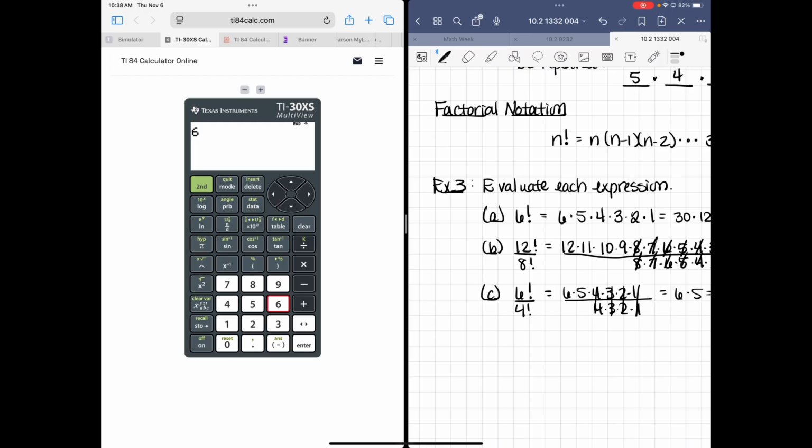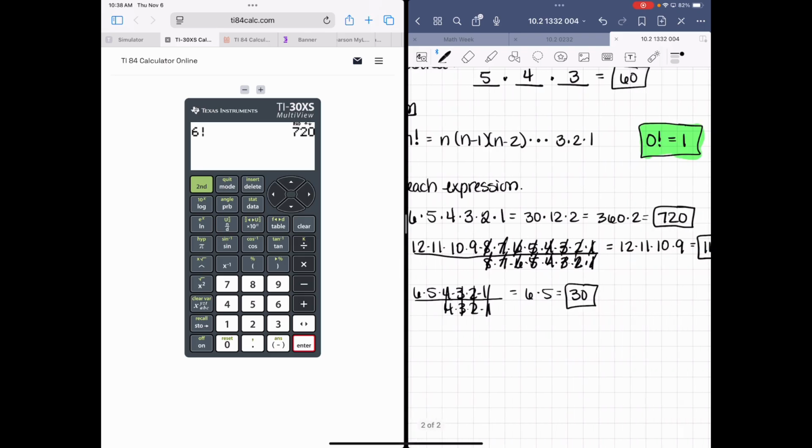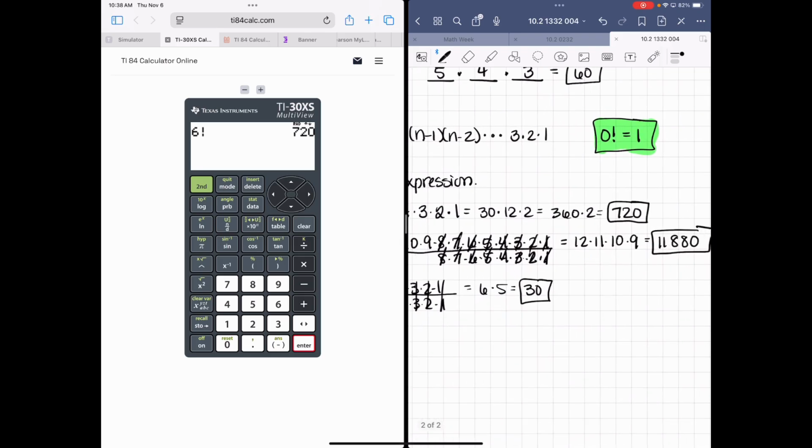It's in the second row, second column. It highlights up red for you. And then 3 is my factorial, okay? So I go down, I hit 3. I have 6 factorial, I hit enter. I get 720, which is what I got. And I don't even have to type in all the different numbers, okay?